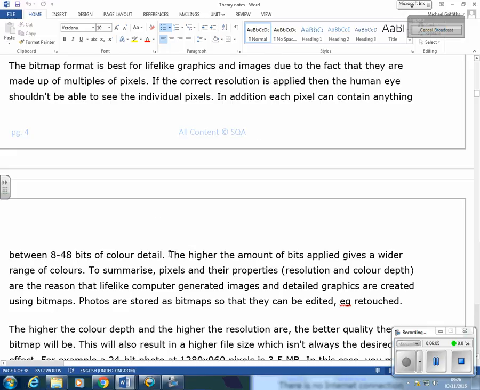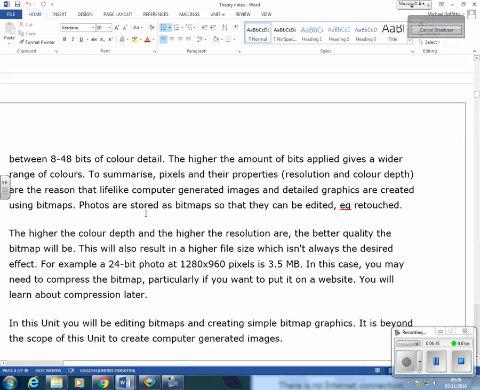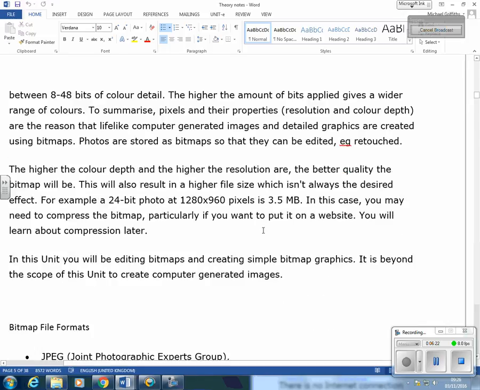The higher amount of bits supplied gives a wider range of colors. To summarize, the properties of pixels are the reason that lifelike computer-generated graphics and detailed graphics are created using bitmaps. Photos are stored as bitmaps so they can be edited and retouched by using Photoshop, etc. Other pieces of software are available.